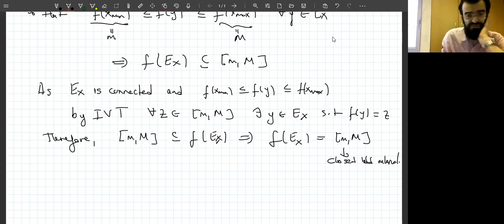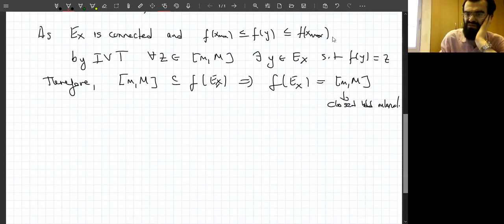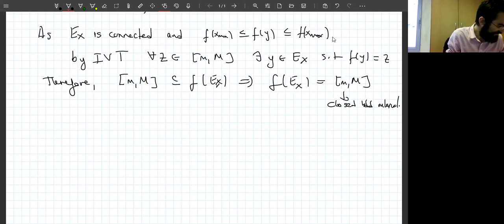Do you have any questions? First, we have used a compactness argument, then a connectedness argument, and we conclude that the image of E_x under f is a closed bounded interval.